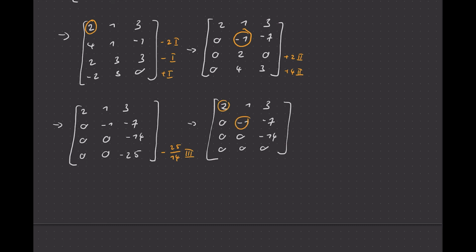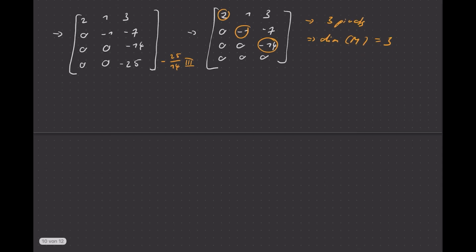We get 3 pivots. That means the dimension of M is 3. And we get a basis for M. And that is the remaining non-zero rows, the pivot rows. We just take those and write them as vectors again.